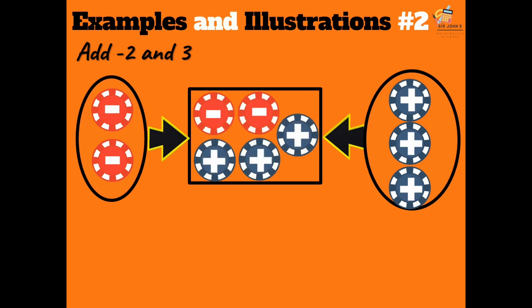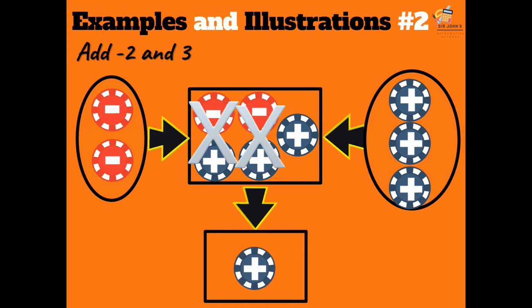So we will have this. Then, we will remove the 2 zero pairs. Yan. Then, since one positive counter remains, the sum is 1. Therefore, negative 2 plus 3 is equal to 1 or positive 1.